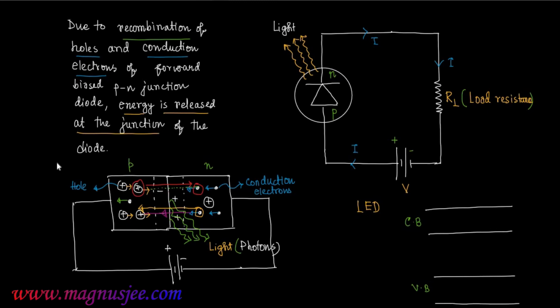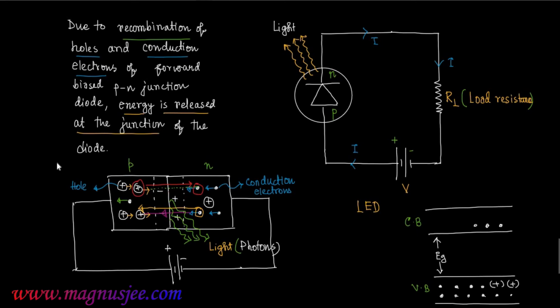In the valence band, we have a number of valence electrons. This dot means valence electrons, which are bound to the silicon nucleus of the semiconductor with covalent bonds, and here we have a hole, and we have conduction electrons, and this energy gap is Eg.